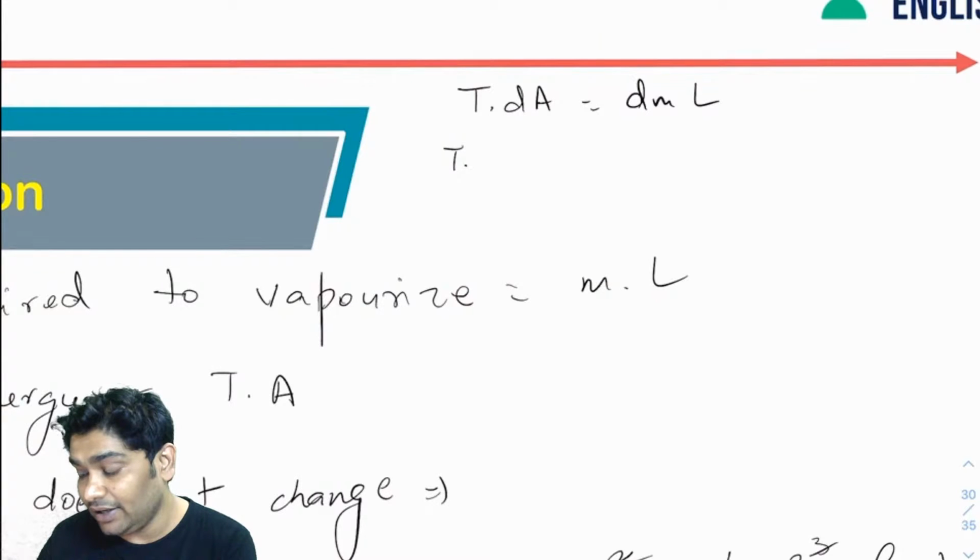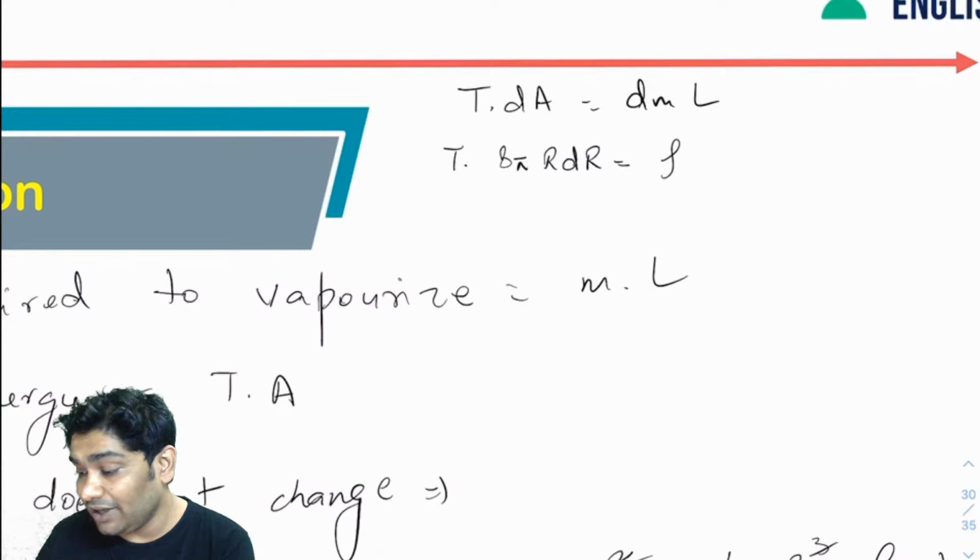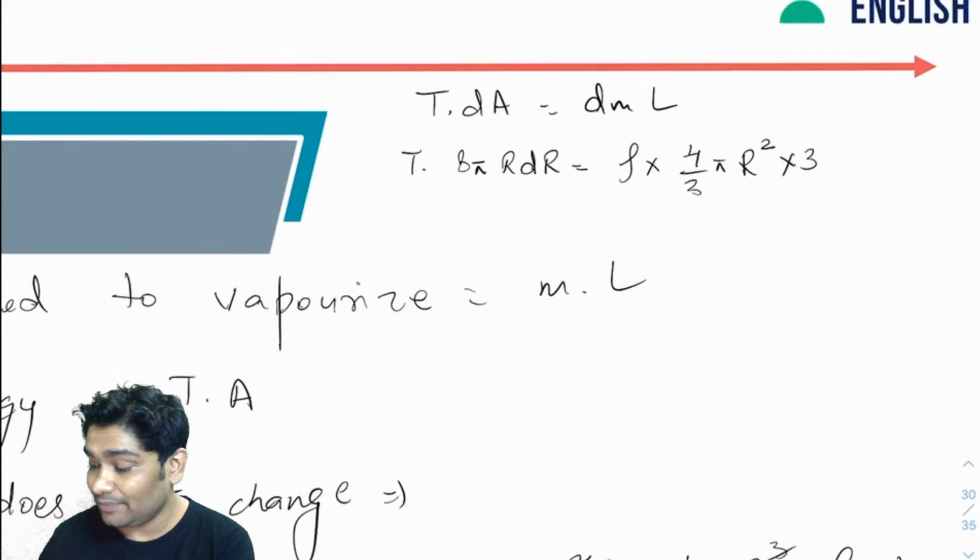yes, you are right. dA would be 8 pi r dr, and dm would be rho dV, and dV would be 4 by 3 pi r square into 3 into dr. Alright, I get what you're saying.